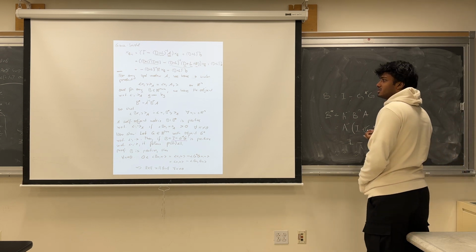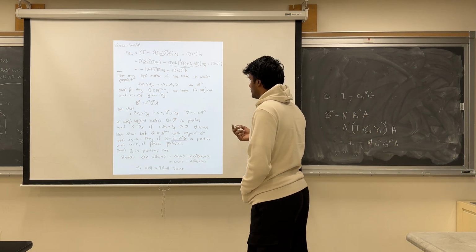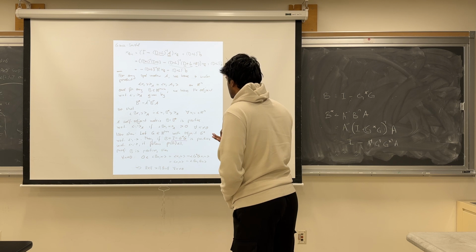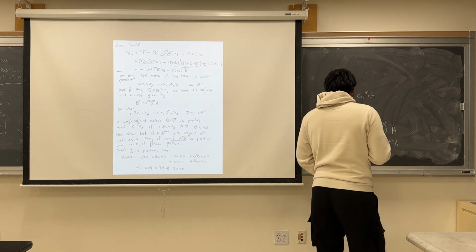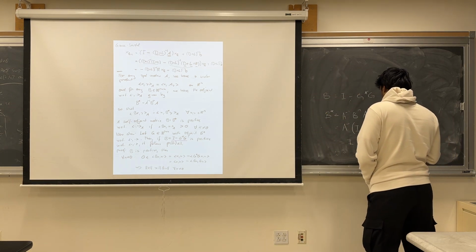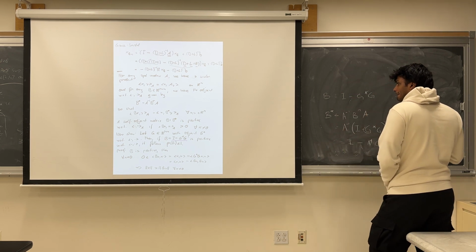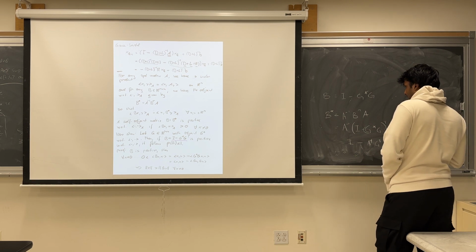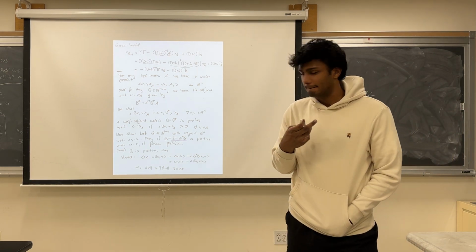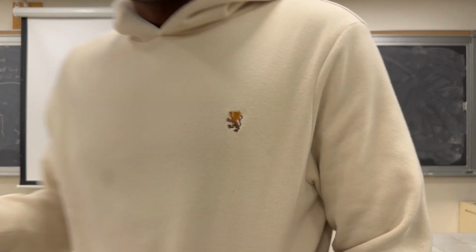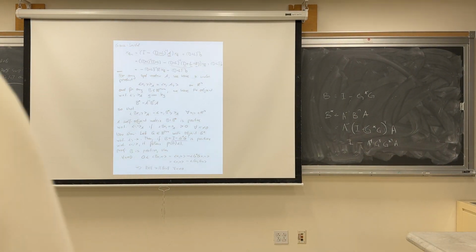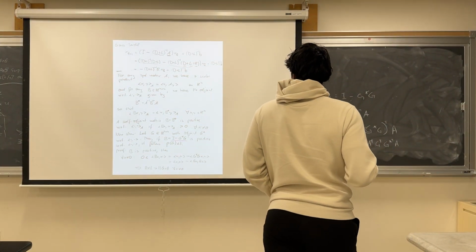Or should I just write G star? I mean, what if I substitute G star directly? Okay, let me think. I minus G star G. What is B transpose?